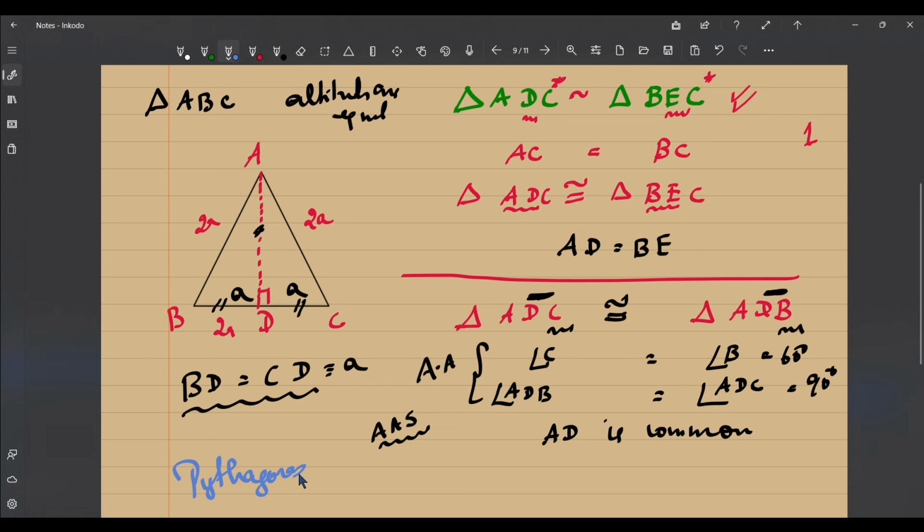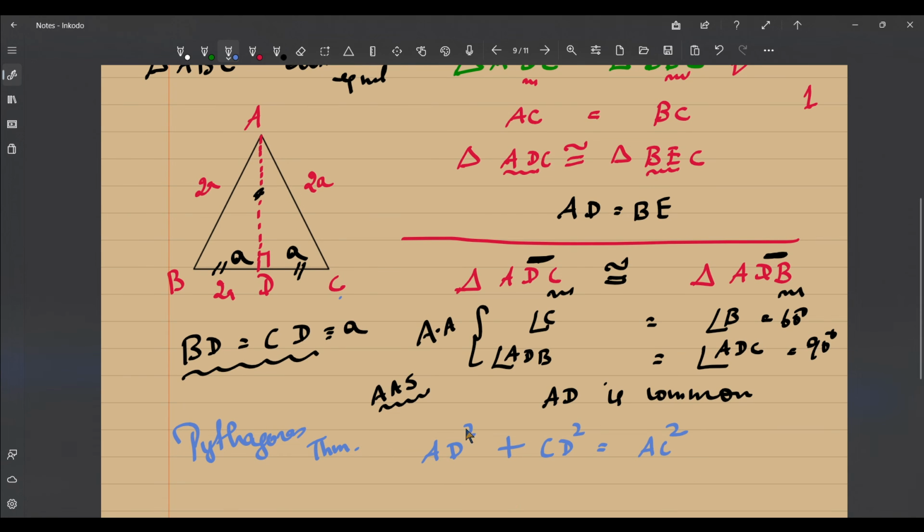The Pythagoras theorem says that in any right angle triangle, the sum of the squares of the two arms of the right angle triangle, in this case AD squared plus CD squared, will be equal to the hypotenuse AC squared, right? I do not know what AD squared is, that's what we'll have to find. So AD squared will be equal to AC squared minus CD squared.